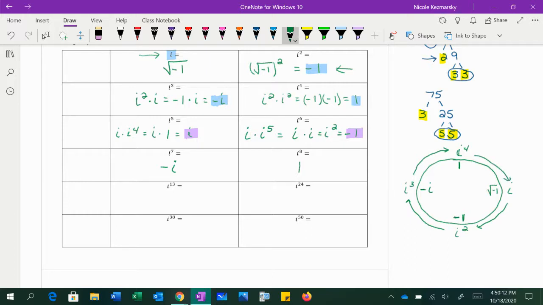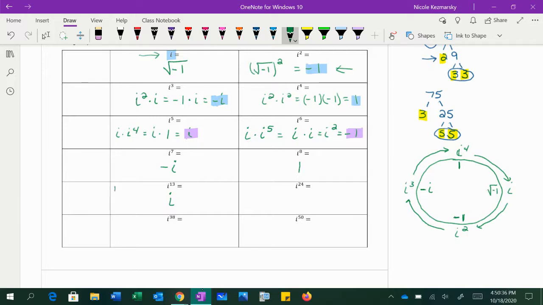So for i to the 13th, the next example, we could start with i to the 1st and do 1, 2, and I'm just counting around, 3, 4, 5, 6, 7, 8, 9, 10, 11, 12, 13 takes us around to i. What some people like to do is a little bit of division.